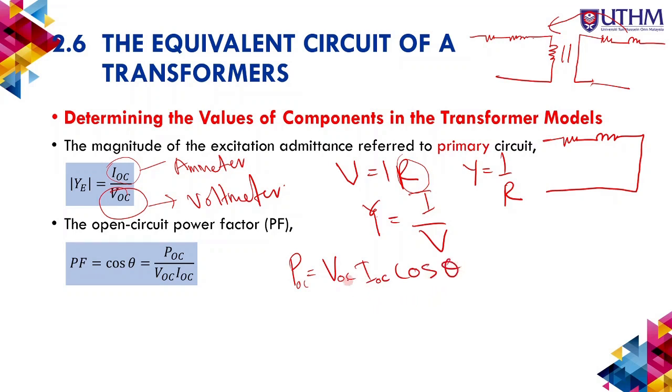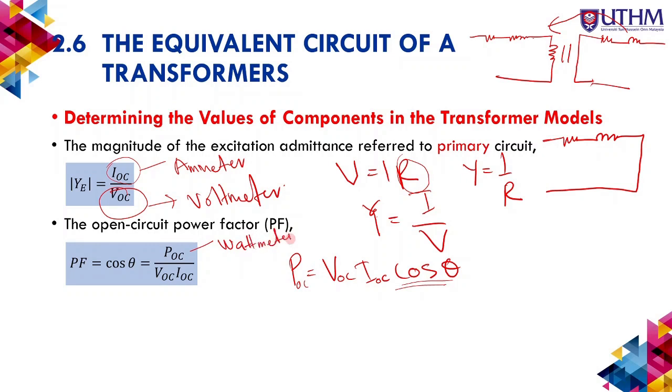Okay, so since the measure the real power, so real power, so V across the resistor, the RC, and then the I across the RC, the IC, and then the phase angle between V and I, phase difference between V and I. Okay, so mana nak dapat ni POC ni? So POC comes from the wattmeter.